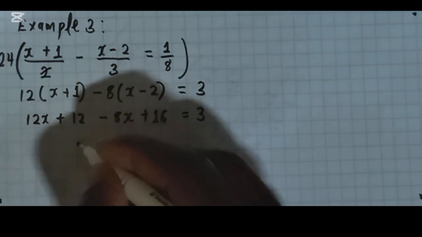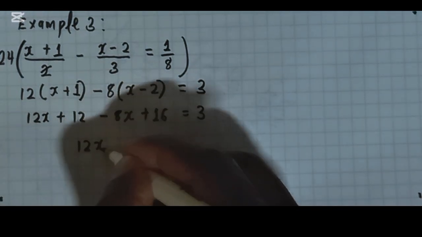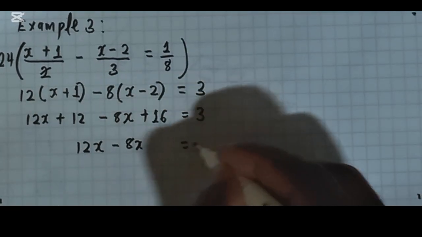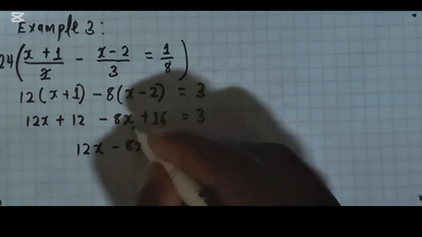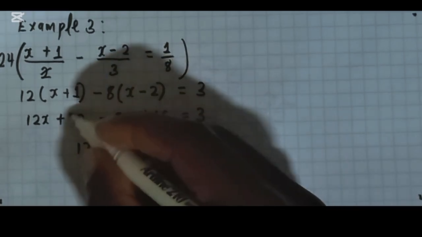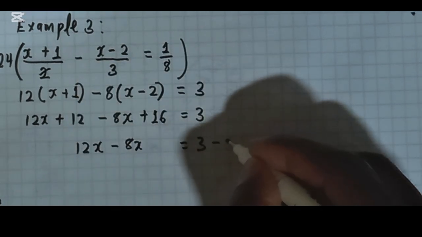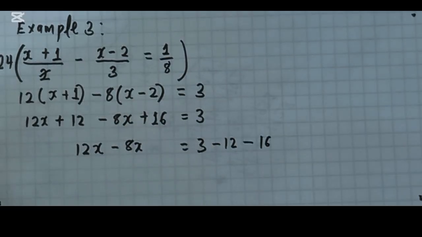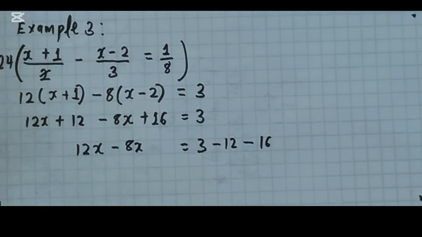So we're going to have 12x minus 8x being equal to 3. We're going to move 12 to the other end, so it's going to be negative 12 minus 16 on the other side of the equation.